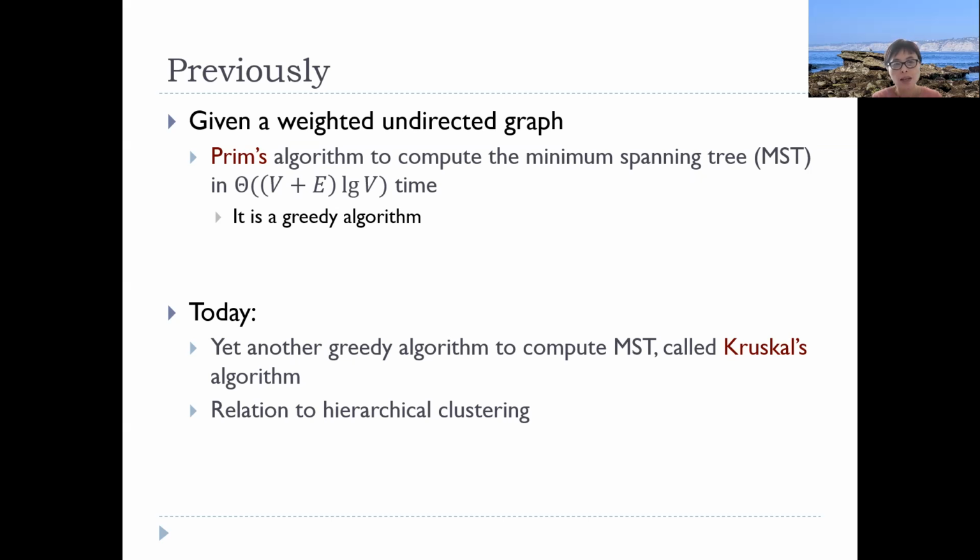And last time we introduced Prim's algorithm to compute the minimal spanning tree in time complexity (V plus E) times log V, the total size of the graph times log of V. The idea behind Prim's algorithm is that it's a greedy algorithm. There's a lot of similarity to the Dijkstra algorithm we've seen. In fact, the framework of the algorithm is very similar to Dijkstra. The only difference is how we update the edge.